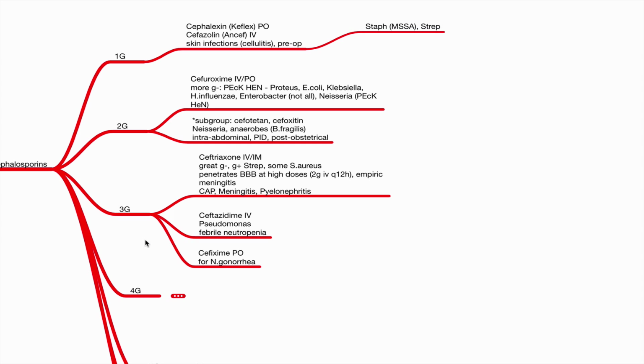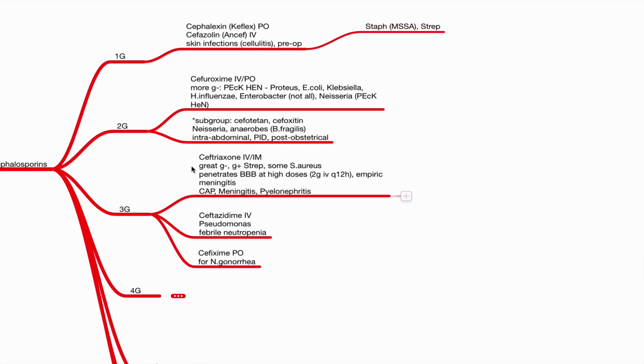Next is the third gen cephalosporins. Ceftriaxone is really commonly used in internal medicine. It's available IV or IM, but we most commonly see the IV form. It does provide great gram-negative coverage. It has some gram-positive coverage for Streptococcus, as well as some Staph aureus, MSSA.